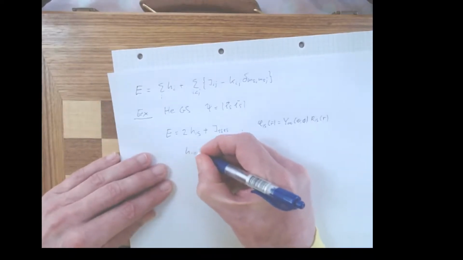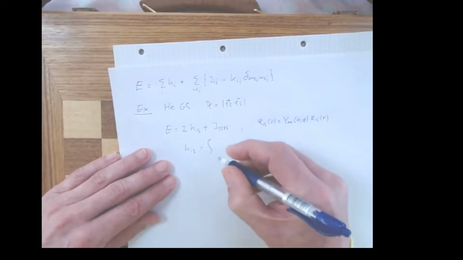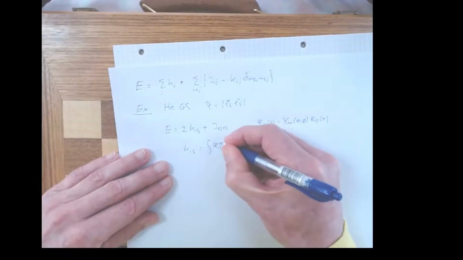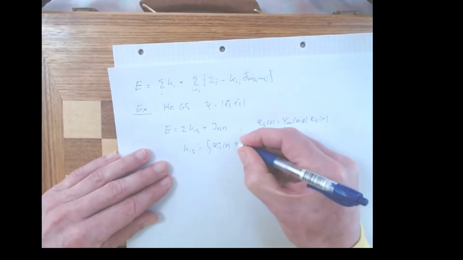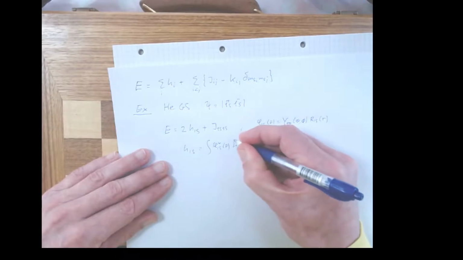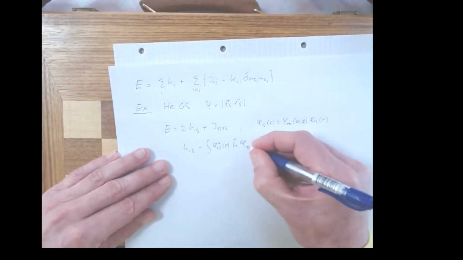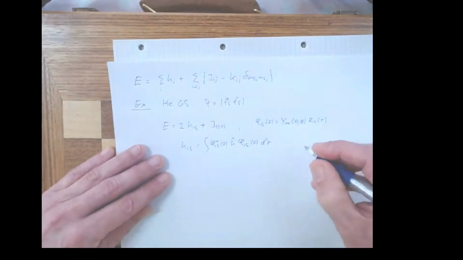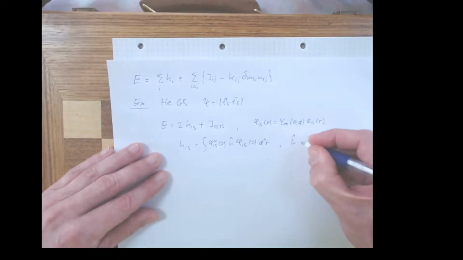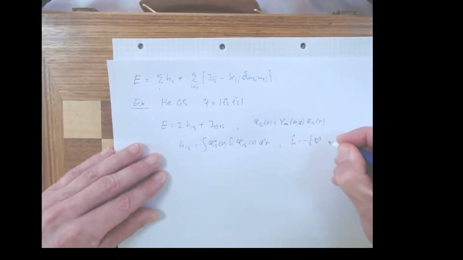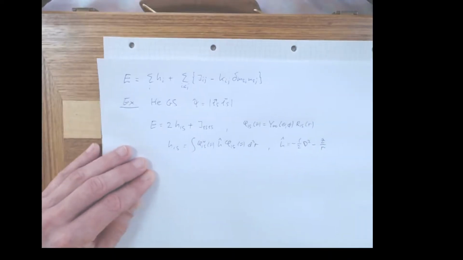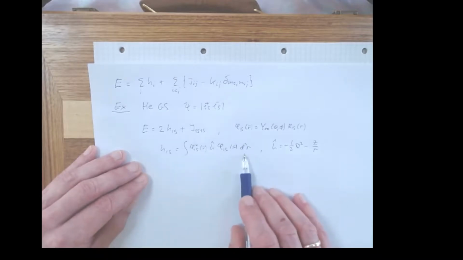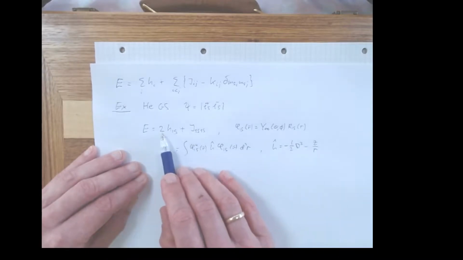And my H1s is simply an integral of this phi 1s state, argument r, and then my single body operator h, and then another 1s function, and then the 3 spatial integrations. And for this helium case, of course, my one body operator is the one we've seen several times by now. It's simply this. So this is the single body contribution to the energy, and since there are 2 electrons, I multiply by 2.